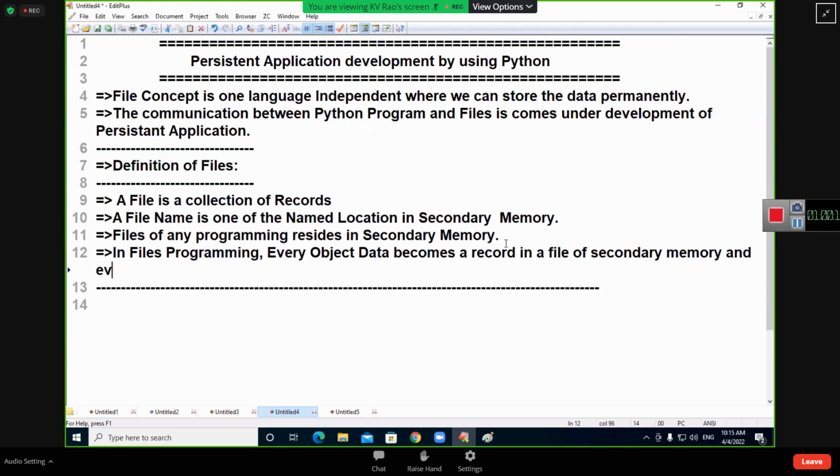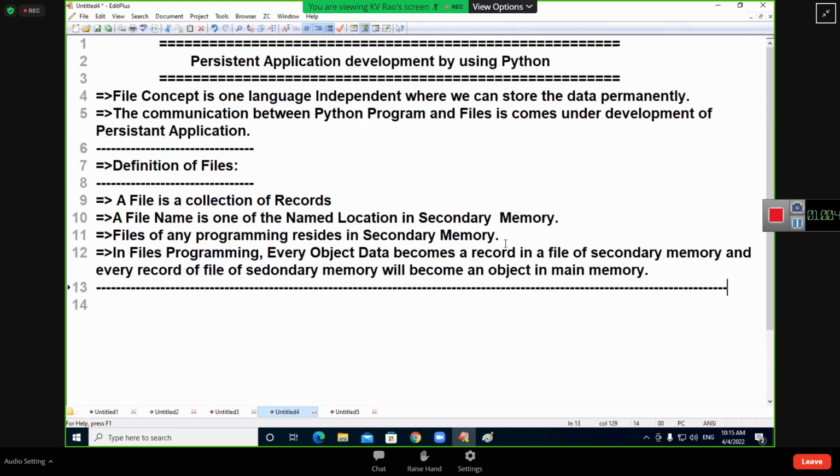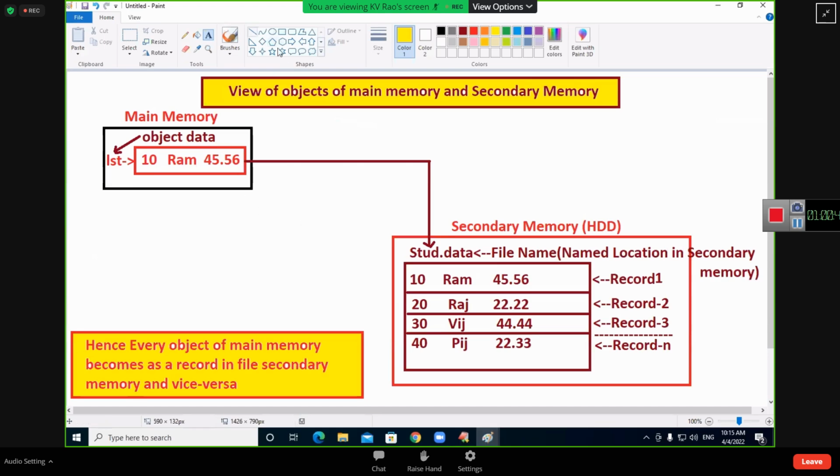And every record of a file of secondary memory will become an object in main memory. So there is a flow between which memory and which memory? There is a flow between main memory and secondary memory.